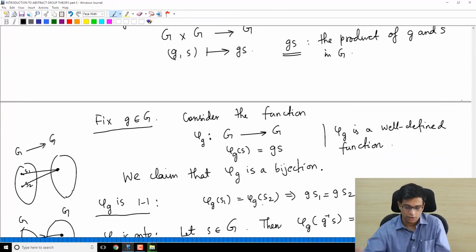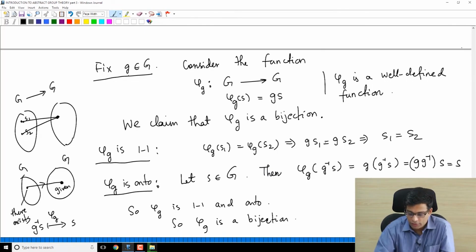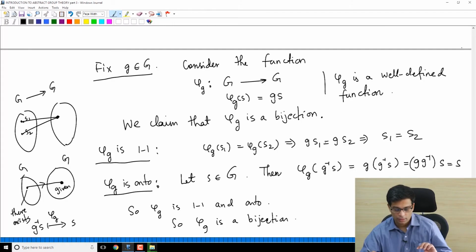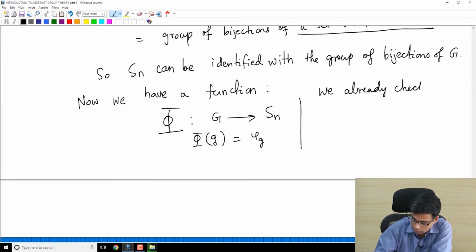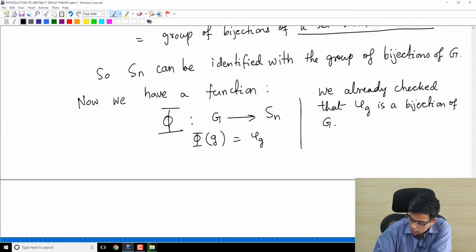Remember what is phi g? For a fixed small g, phi g is the function from G to G which sends s to gs, which I have checked is a bijection. So phi g we already checked. Phi g is a bijection of G. So phi g is in Sn.